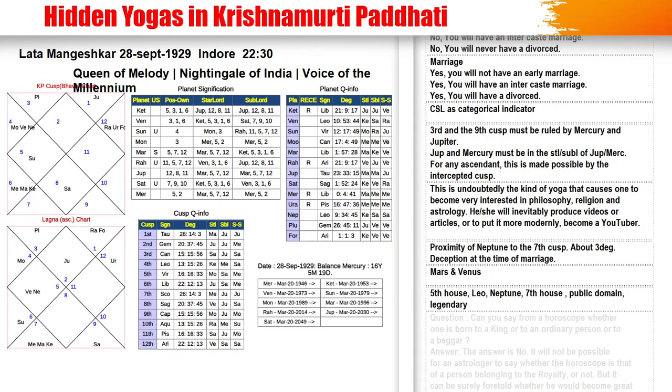And then again, if you look at the seventh cuspal sublord, let's just look at the sublord. You find that the second sublord is Jupiter, the seventh is also Jupiter, the eleventh is also Jupiter.